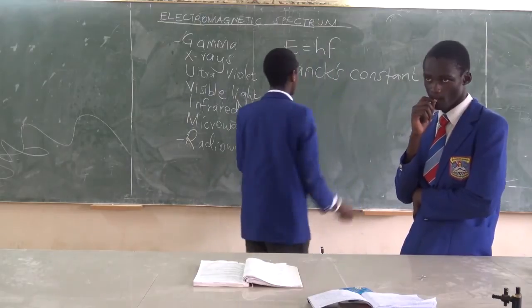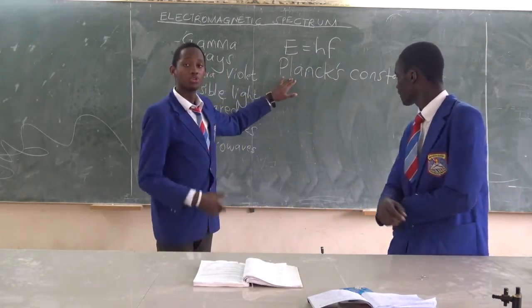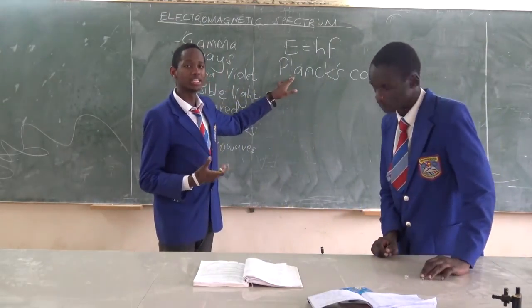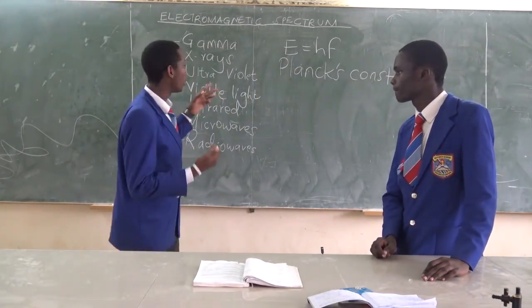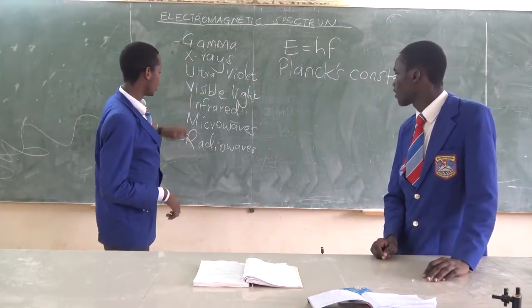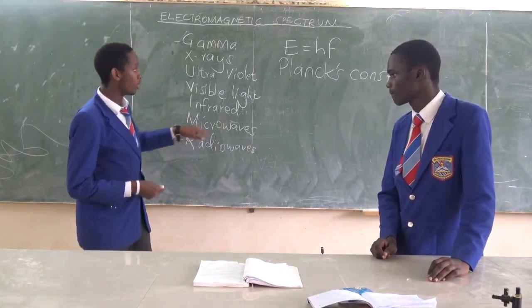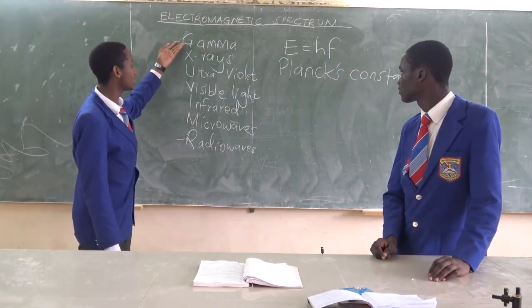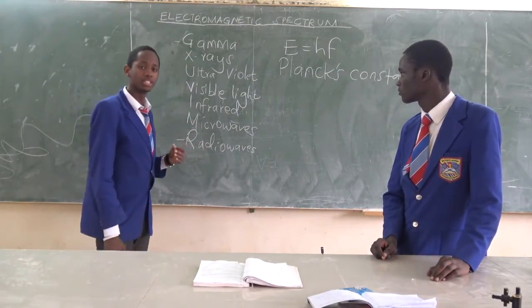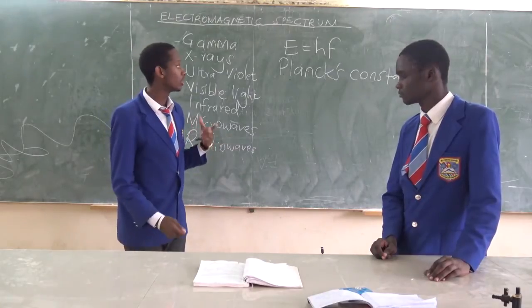The Planck's constant is what allows us to find the amount of energy contained in an electromagnetic wave. So as we said, in order, the highest frequency to the lowest frequency. According to this equation, we can conclude that the one with the highest frequency will contain the highest energy content.